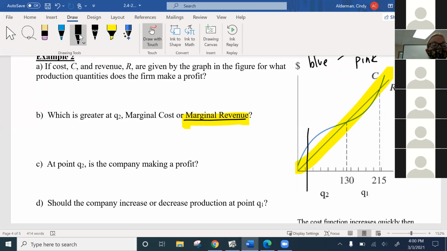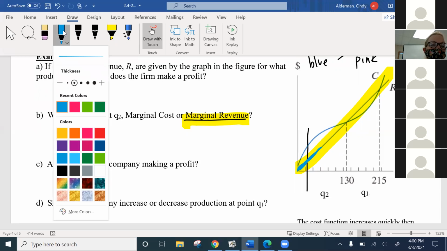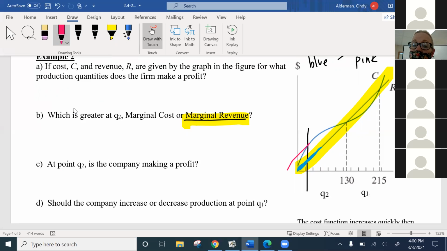Well, what you need to do is sketch in what the slope would be that's tangent to that very point that it goes through. This is where it goes through the revenue, and then this one is the slope. Remember, we just want a slope that's tangent.